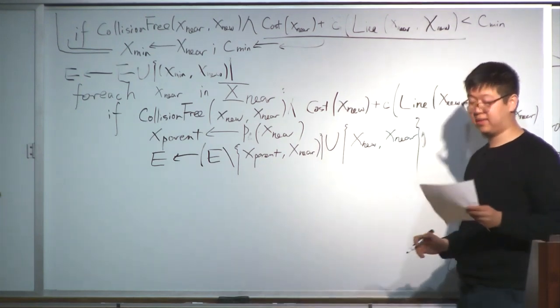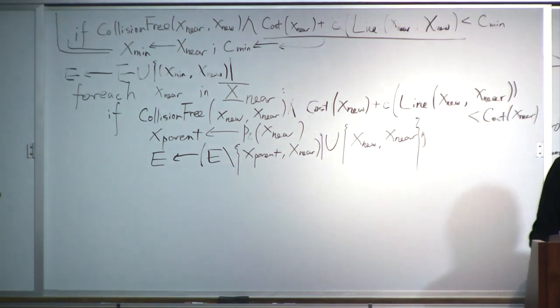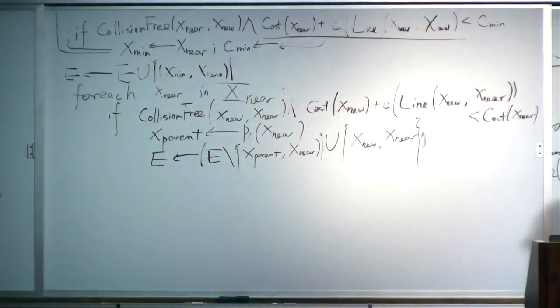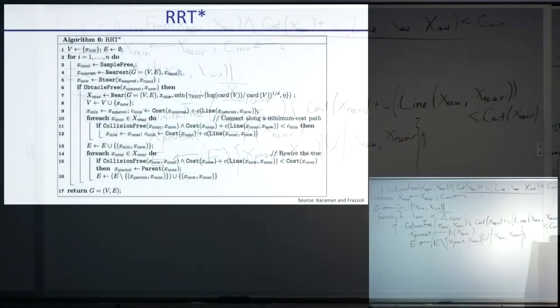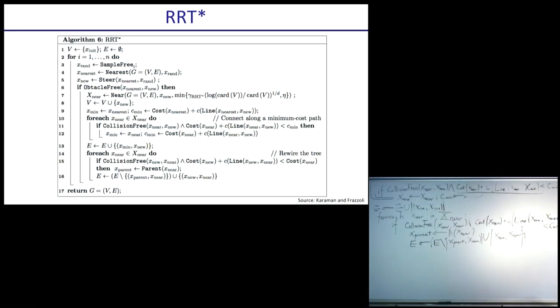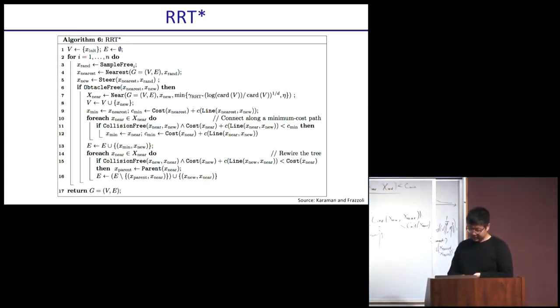Yeah, so this is the full algorithm, I think. With this algorithm, let me show the printed version. Yeah, so with this algorithm, we can always find a shorter path than the original RRT, because whenever you find the cost is smaller than the current cost, you just change the path because you remove the parent and you use x new as its new parent.